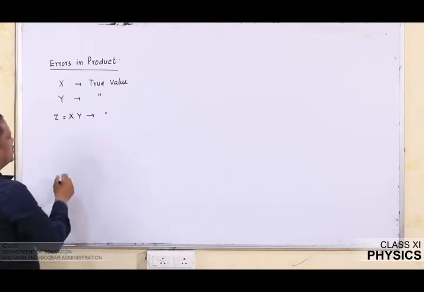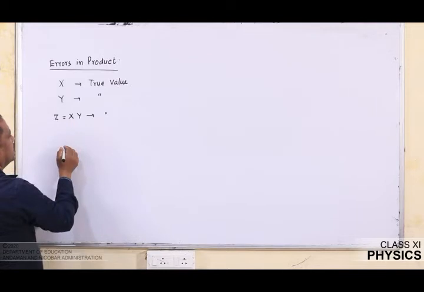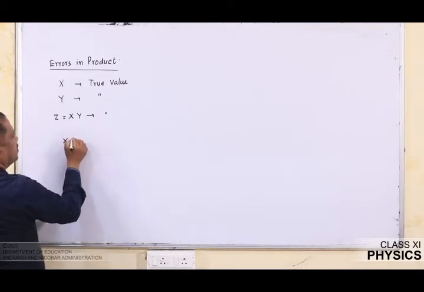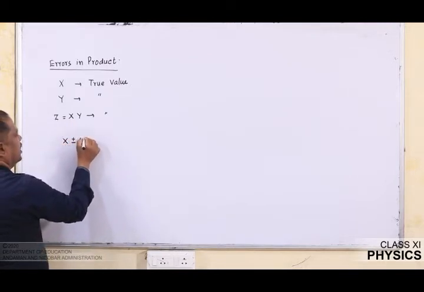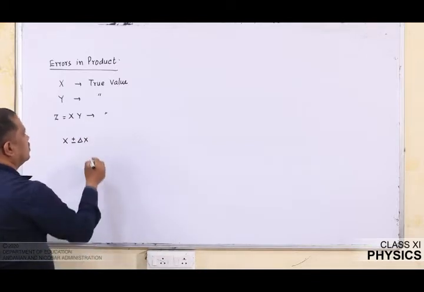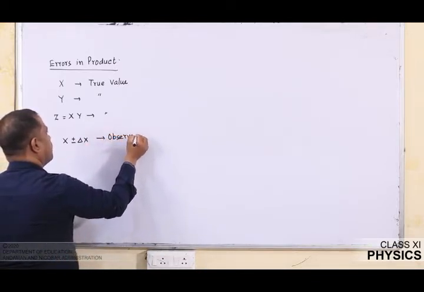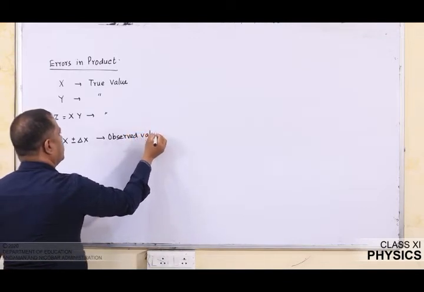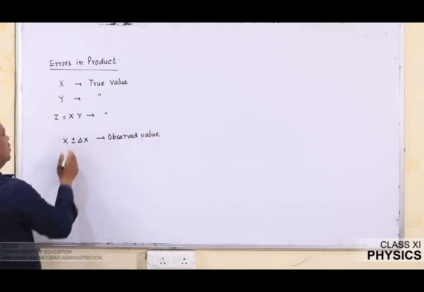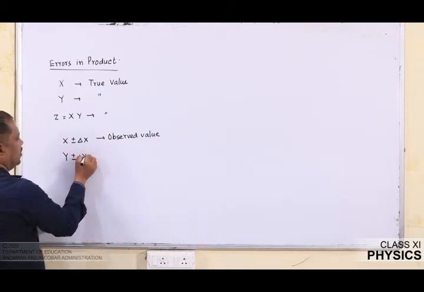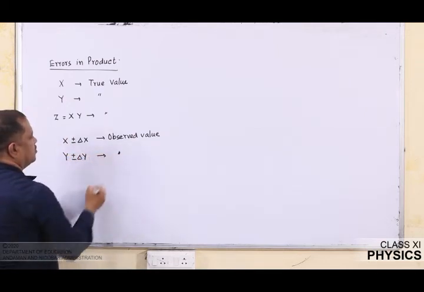But when I asked a student to measure this particular physical quantity, he came out with the measurement as x plus or minus delta x. So, this is an observed value or measured value. Similarly, when he measured the second physical quantity, he came out with y plus or minus delta y. Again, this is an observed value.